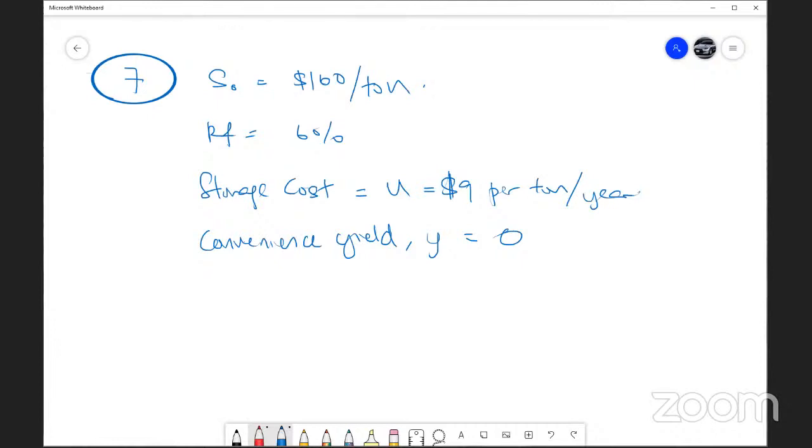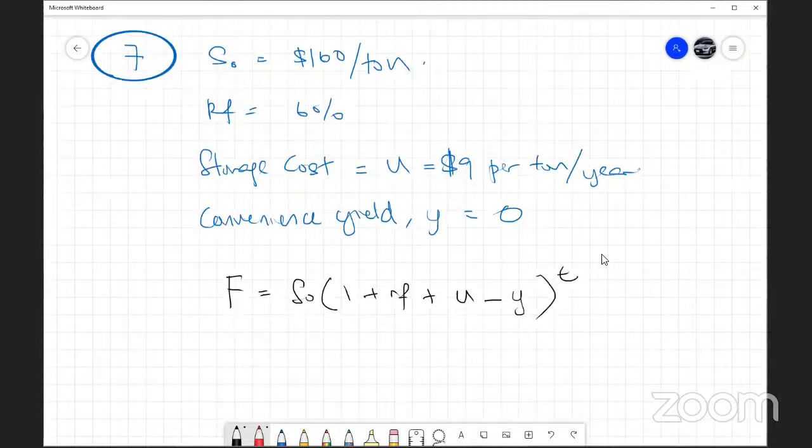Okay, they want you to count the futures price here, to count your F. So the formula here is basically F equals spot multiplied by (1 plus your risk-free plus your storage cost minus your yield) to the power of T. Okay, so quite simple.